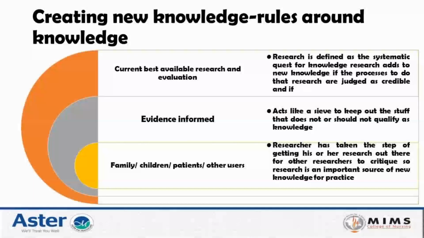Here also, in knowledge translation, we have to find the current best available research and evaluation. So research is very important. Then evidence-informed: whatever evidence you got, you weigh it, see which one is the best, and identify the best practice.